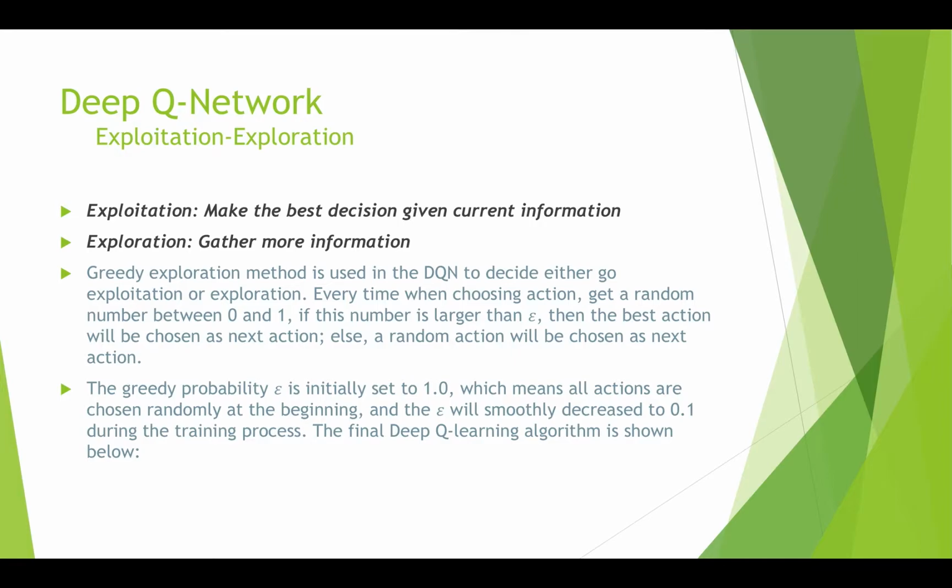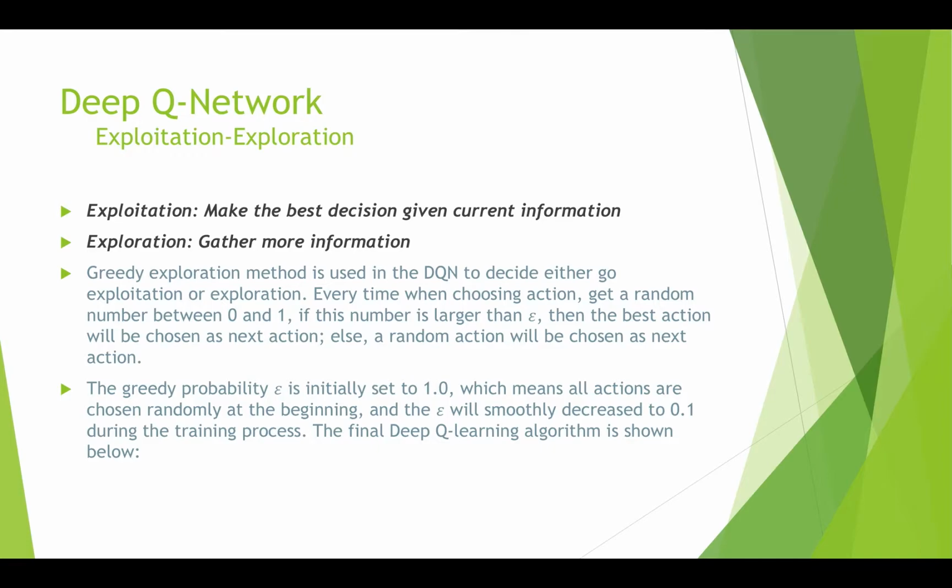If this random number is larger than epsilon, then the best action will be chosen as the next action. The best action is the action which has the maximum Q value. If this random number is not larger than epsilon, then a random action will be chosen as the next action. Choosing the best action is called exploitation, and choosing a random action is called exploration.